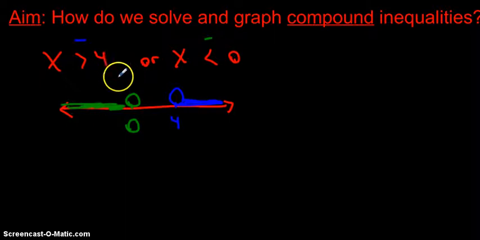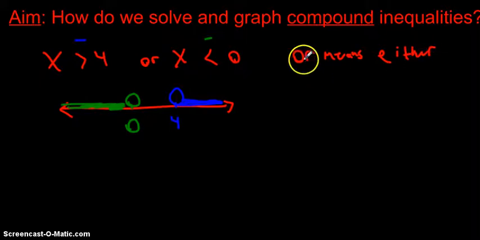You might want to think of hearing the word or as meaning either. If you see or, and either one is true, then it's true. So these are the solutions of this compound inequality.